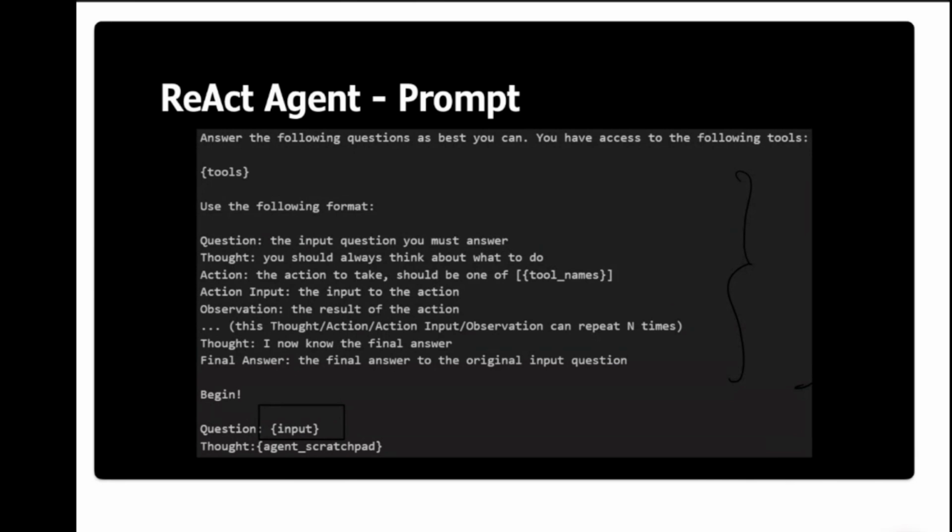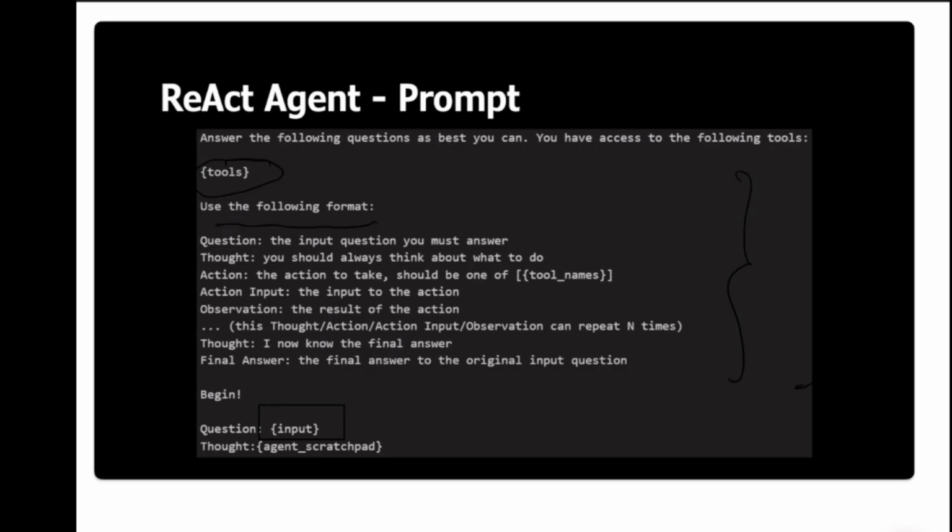What we are saying here, I'm just reading it aloud: answer the following questions as best as you can. You have access to the following tools. And this tools is a template which we'll be substituting with the actual tools. When we look at one real-world example, you will understand what that will be filled with. And then we are saying, use the following format.